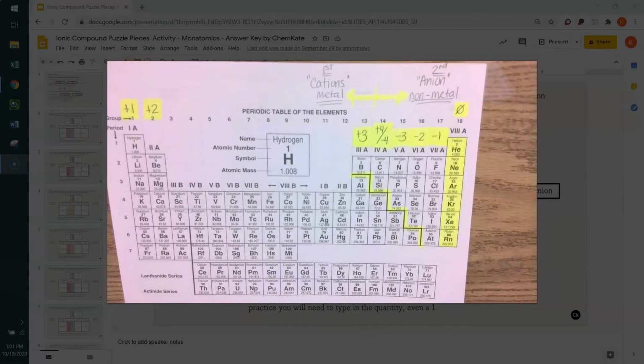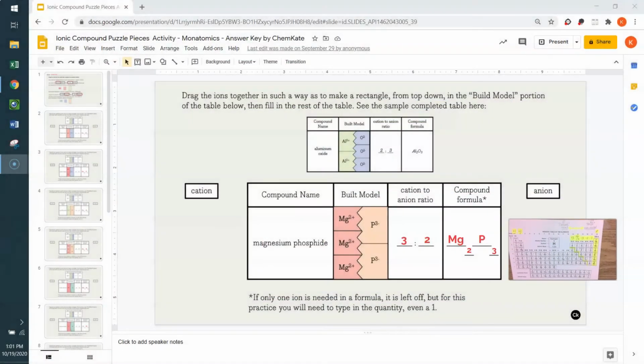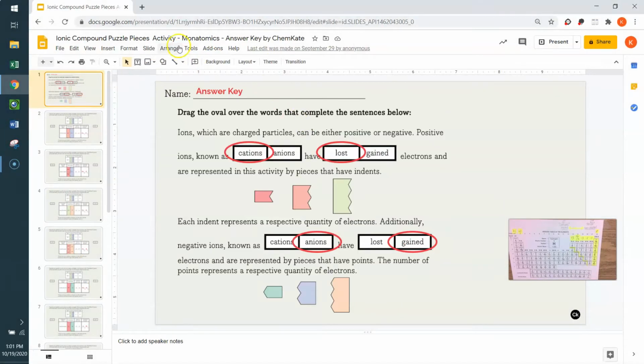So what we're going to do is I am going to go through with you and tell you what the chemical formula should have been for each of the examples in our monatomics puzzle piece activity.